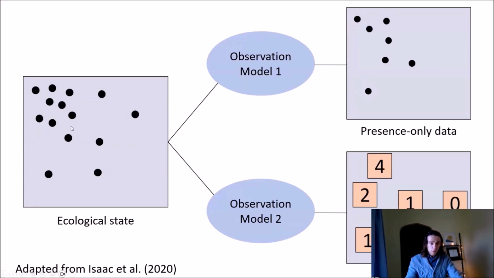And we assume that from this true state, we get our presence-only data as well as our count data. Then we have built into our model these distinct observation submodels, so we're accounting for differences in how these data are collected and differences in format between the data.